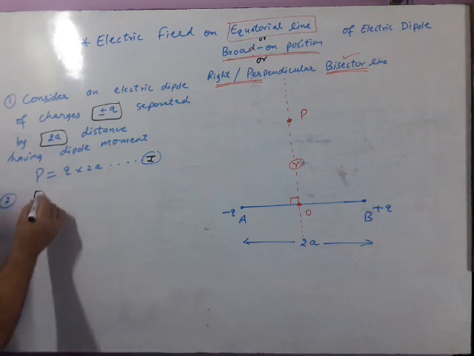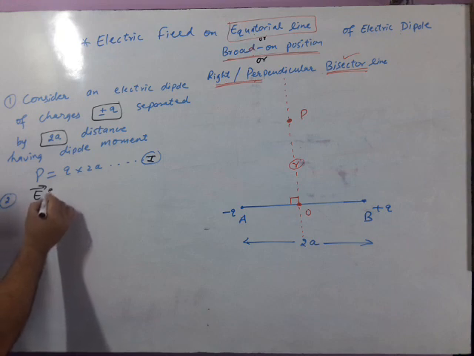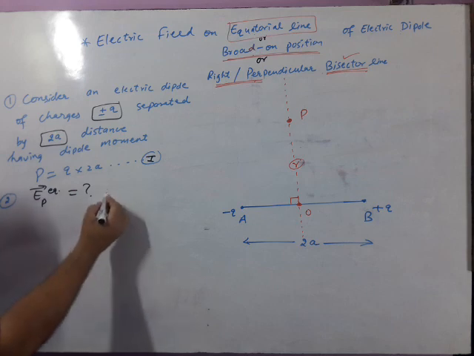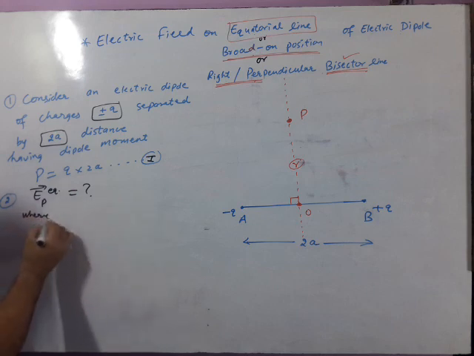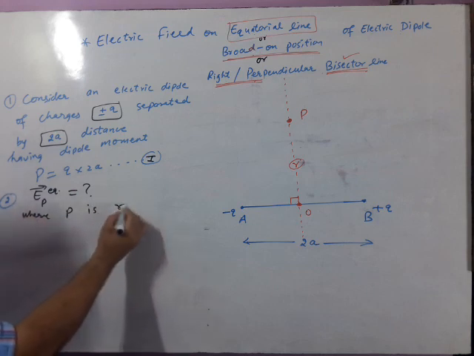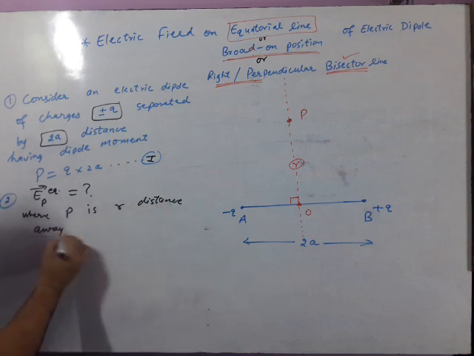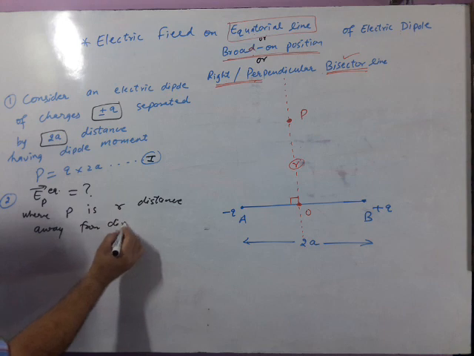Now we want to find electric field at any point P on equatorial line. Now where is point P? This point P is r distance away from dipole.